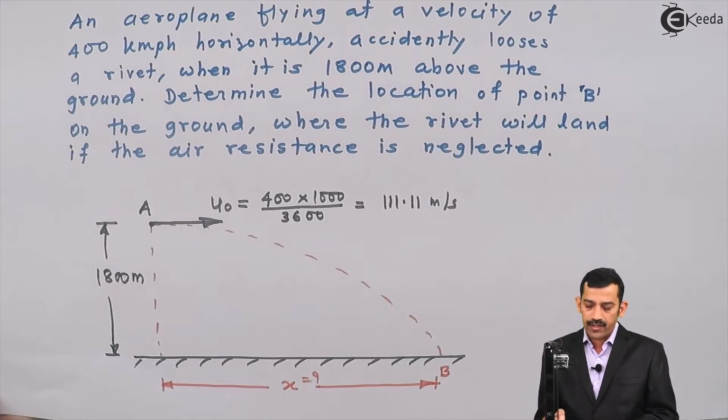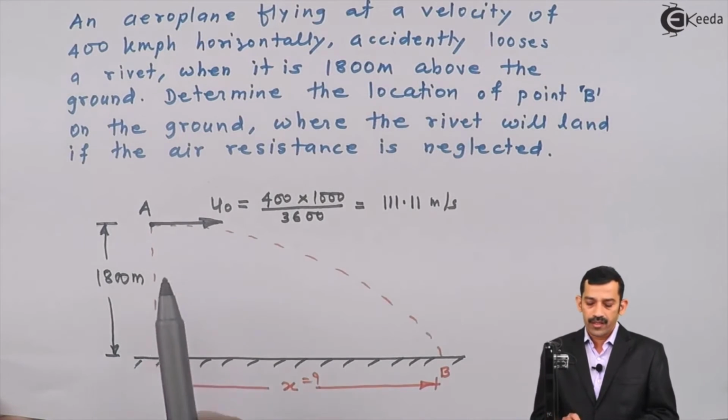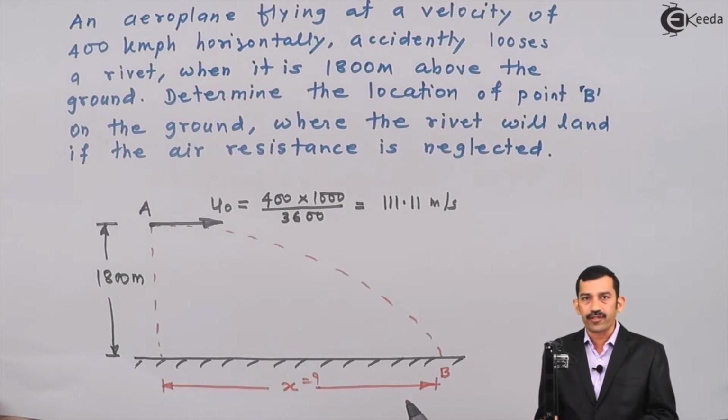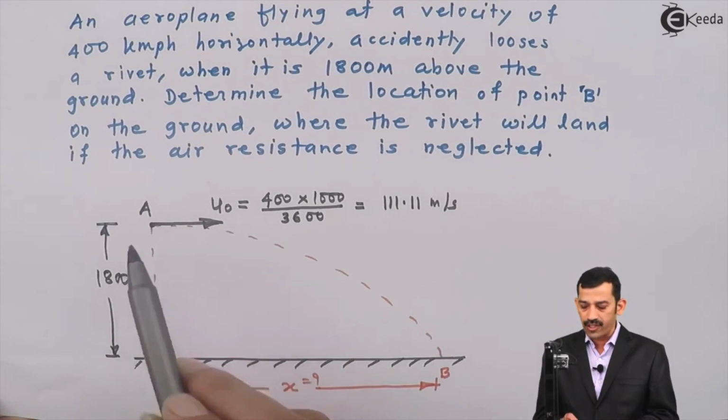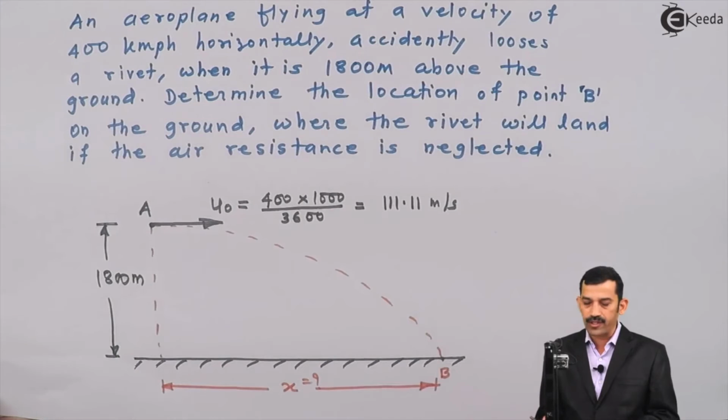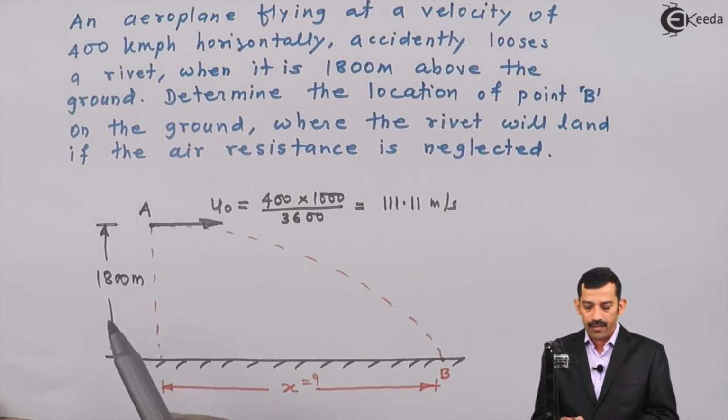How will we find the distance X? So what data is known? Number 1, u0 is given as 111.11 meters per second. Theta 0 is 0 because the velocity is in the horizontal direction. This is the initial position, B is the final position. The final position is below the initial position, that means Y is negative, minus 1800.